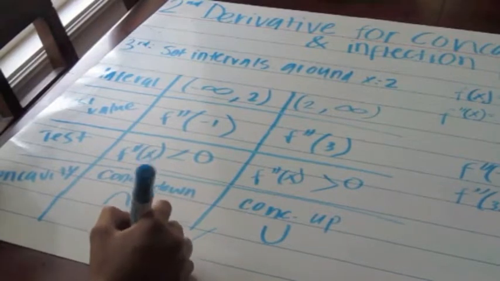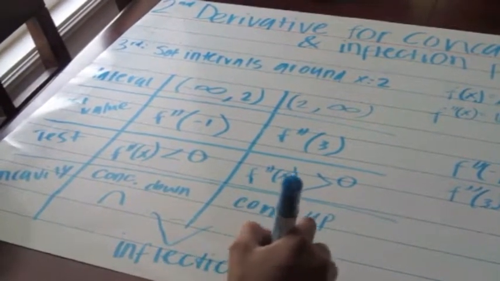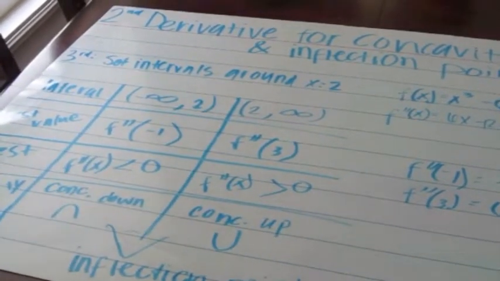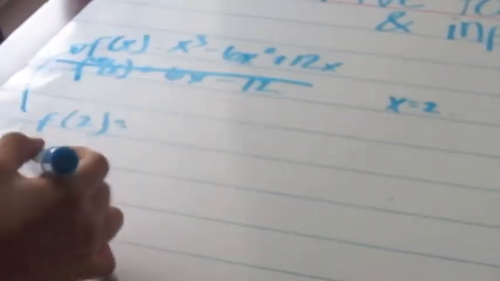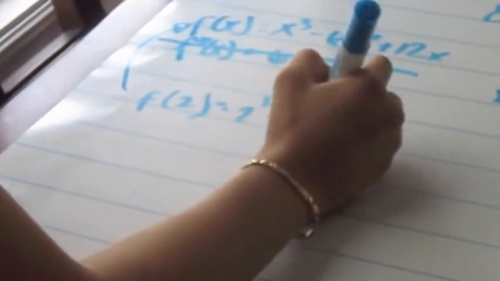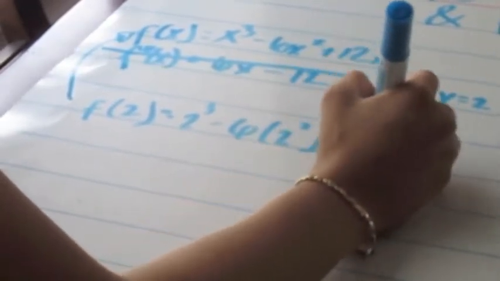So now that we know that 2 is indeed a point of inflection, the fourth step is to test for the actual point by plugging in your x value, in this case x equals 2, into the original function. If the original function was f of x is equal to x cubed minus 6x squared plus 12x, we're just going to go ahead and plug in 2 into that to get our point of inflection.